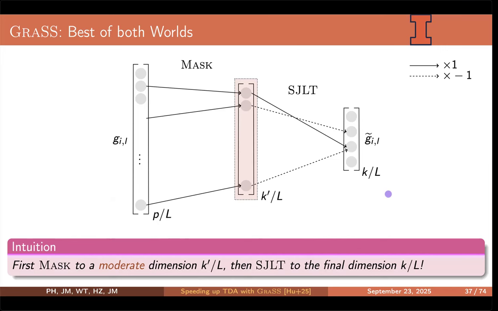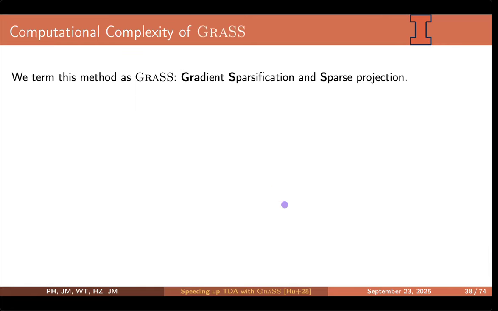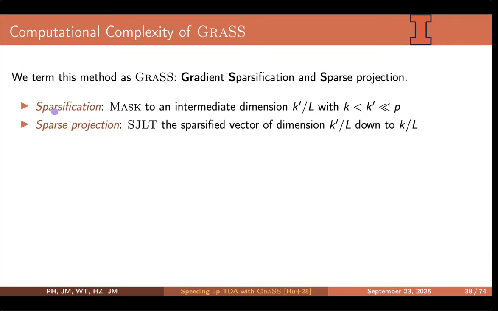So why does this work? It's because the time for mask is proportional to the output dimension and the time for SJLT is proportional to its input dimension, so the time is now just k prime over l. We term this GRASS, which stands for gradient sparsification and sparse projection. Sparsification corresponds to mask, where we sparsify the inputs, and this takes k prime over l.